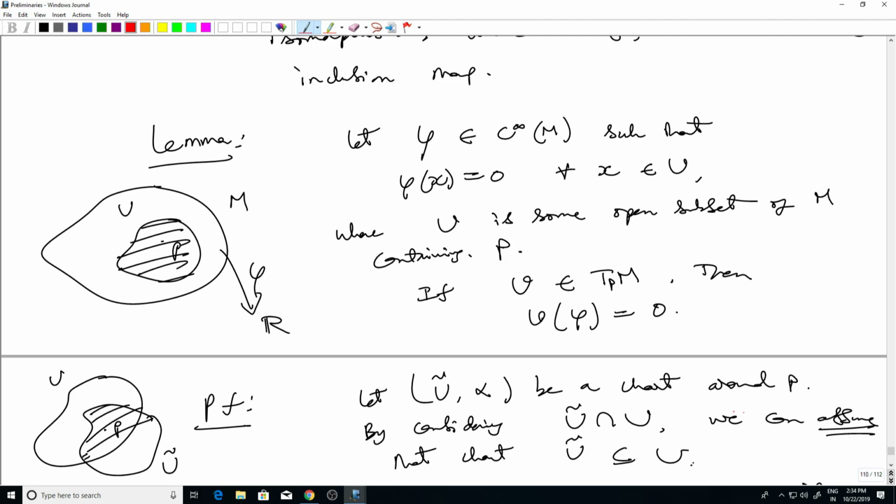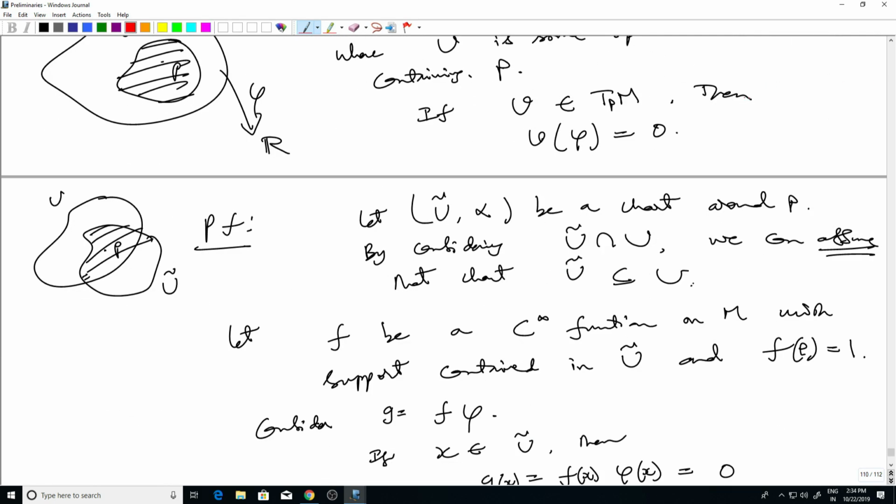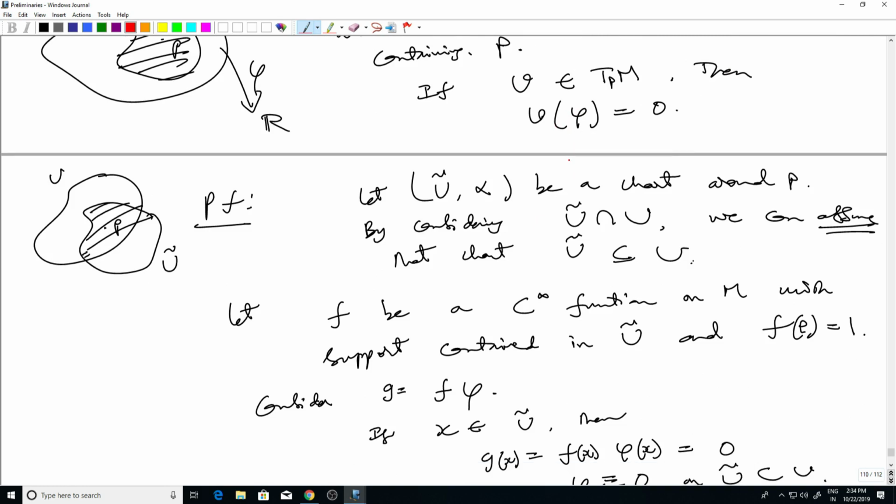So in other words, even if the function phi is not globally 0 but 0 near a neighborhood of P, V of phi should be 0. And again the interpretation of this is that if a function vanishes in an open subset, then the derivative of the function at any point inside the open subset is 0.